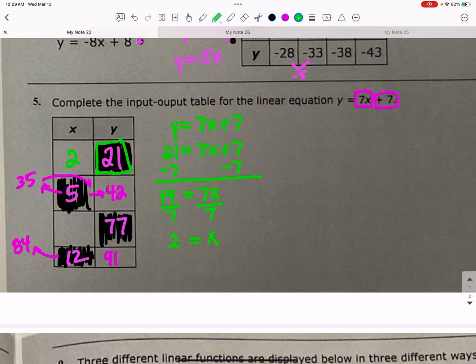All right, then this other one, let's say y equals 7x plus 7, but now 77 is the y, so we're going to plug 77 in for y. Do the same thing, minus 7, minus 7. 7x equals 70. Divide by 7, divide by 7, x equals 10.